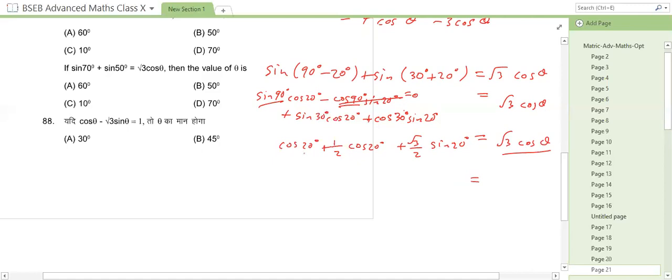So what we have here is 3 over 2 cos 20 plus root 3 over 2 sine 20 is equal to root 3 cos theta.